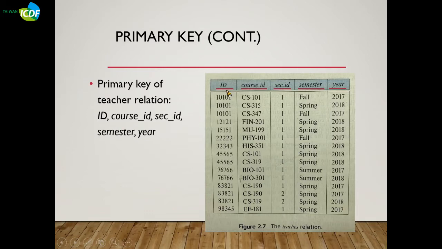We have to consider more attributes as a combination and make sure it's unique for identifying the specific tuple.